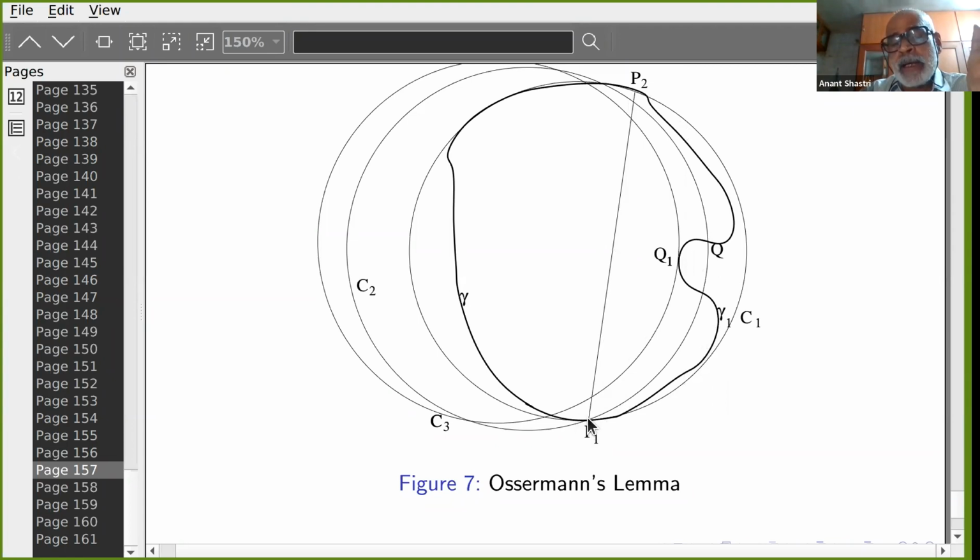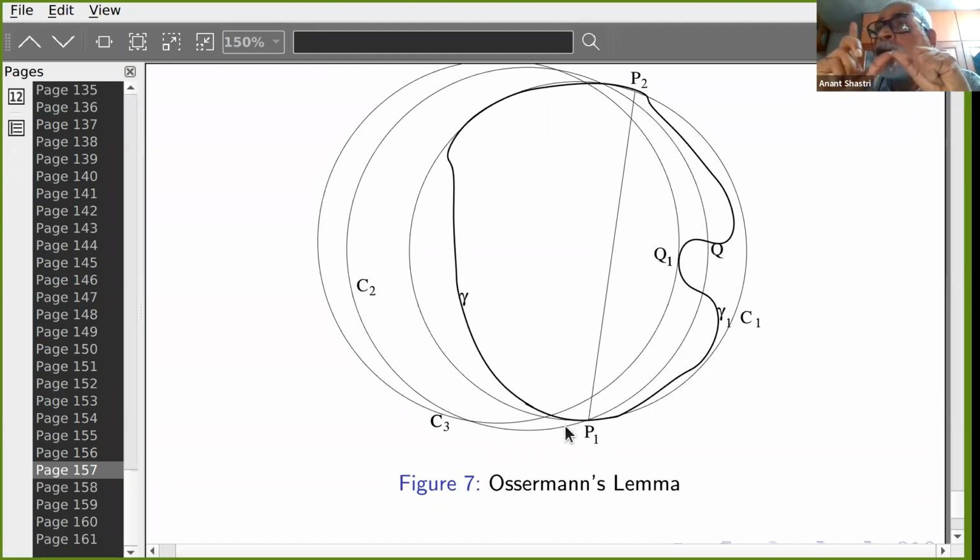Then you take the unique circle passing through P1, Q, and P2.